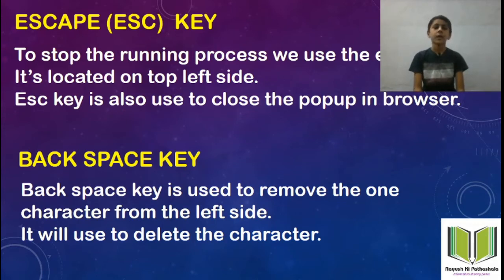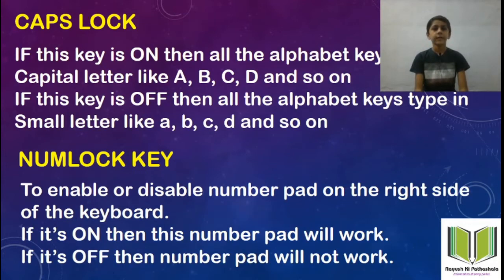Backspace key. Backspace key is used to remove one character from the left side. It is used to delete the character. Caps Lock. If this key is on, then all the alphabet keys type in capital letters like A, B, C, D and so on.